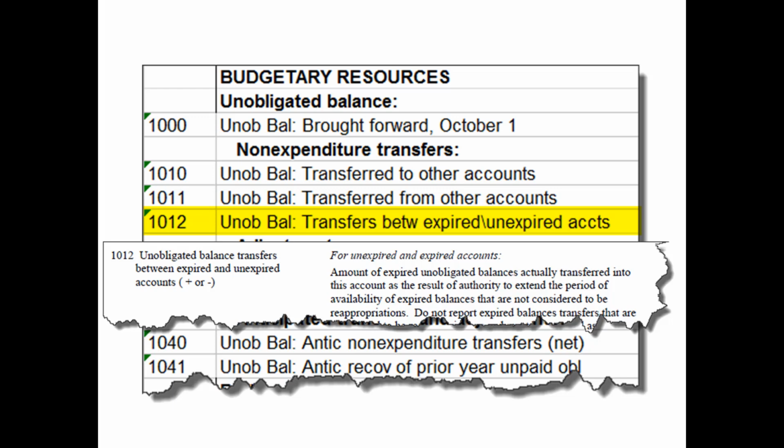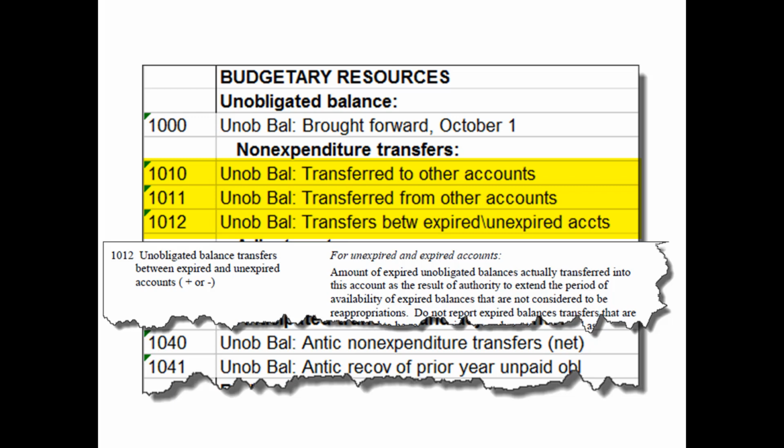Since apportionments are only prepared for unexpired accounts, this line would only be used on a receiving multi-year or no-year account and would reflect only amounts actually transferred. Because it's a receiving account, the amount will be positive. The non-recurring expenses fund apportionment is probably the best example of an account that uses line 1012. Lines 1010, 1011, and 1012 make up the non-expenditure transfer section of unobligated balances.